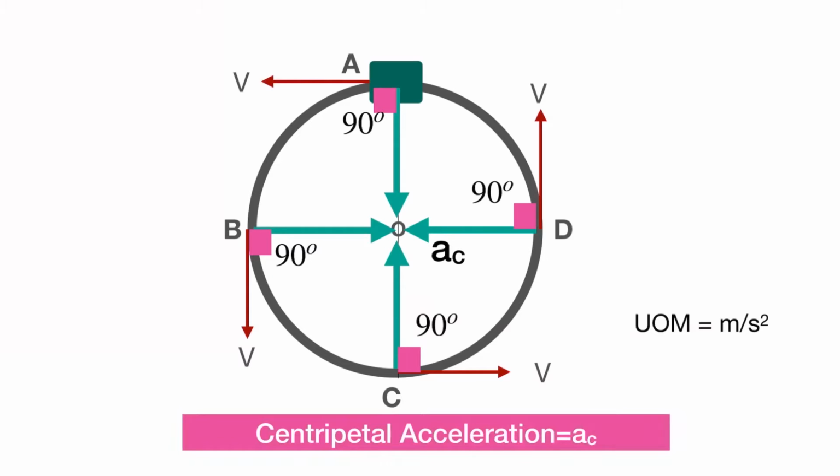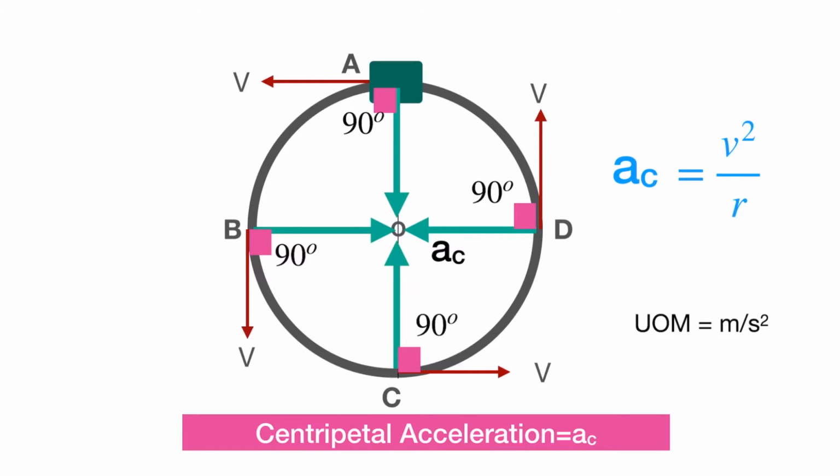Understand here, force, acceleration and change in direction of velocity are all interrelated. Force toward the center changes the velocity direction, and this change in velocity results in centripetal acceleration. Its magnitude is given by v squared by r.